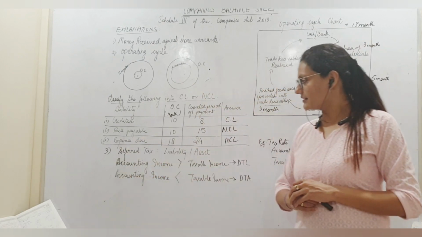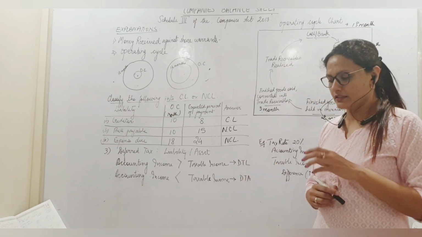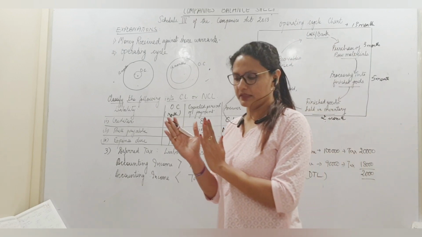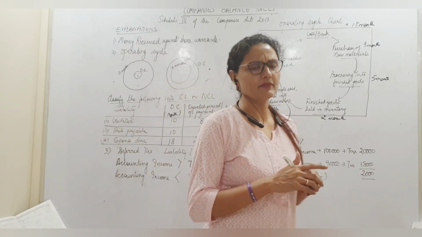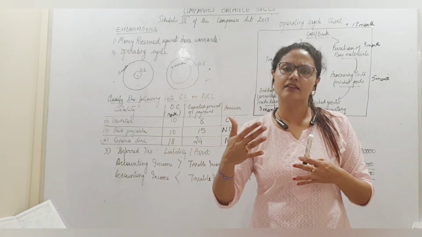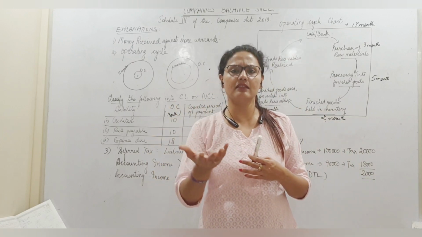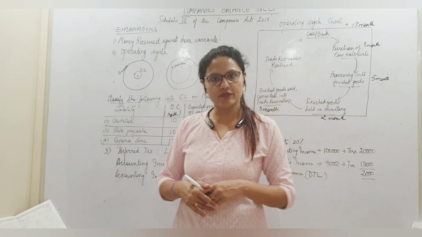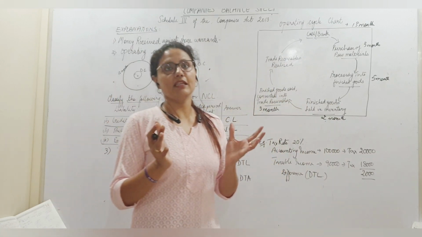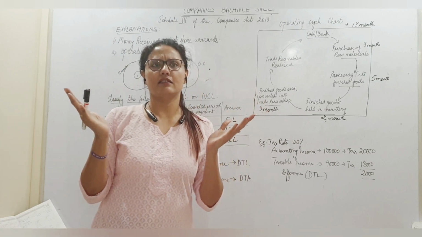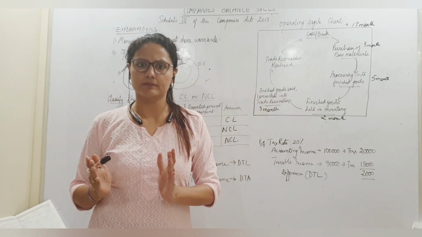Point number 3 is deferred tax liability or asset. Yes, so liabilities was on the equity and liability side and deferred tax asset was on the asset side. Now what is deferred? Deferred meaning postponed, or which will carry forward to the next years. Now clearly understand that the company follows certain accounting standards and as per that it finds out the accounting profit each year.